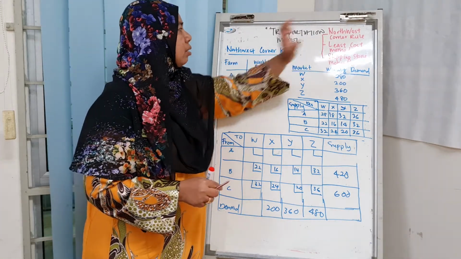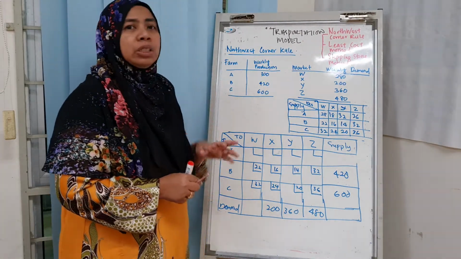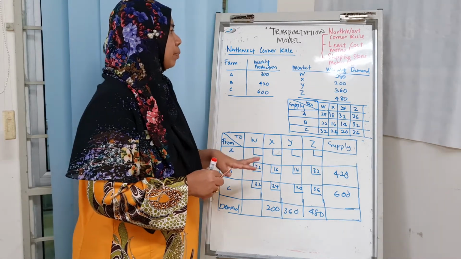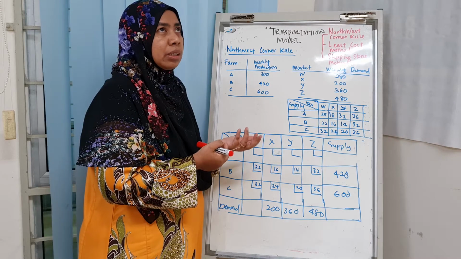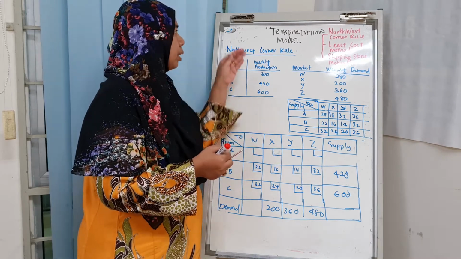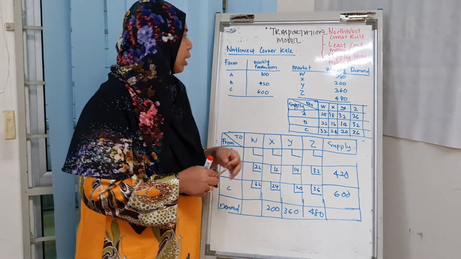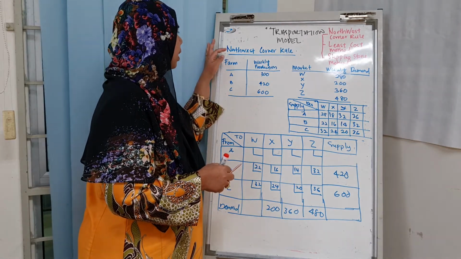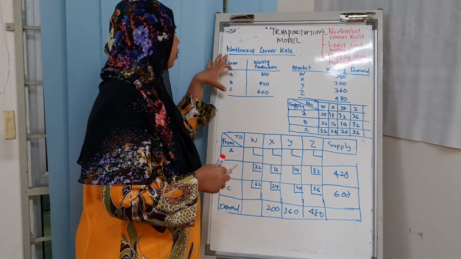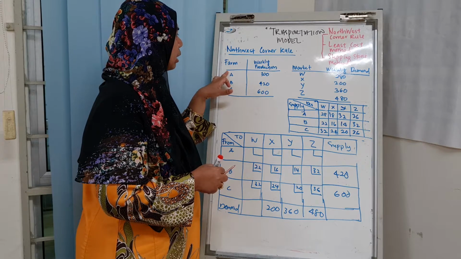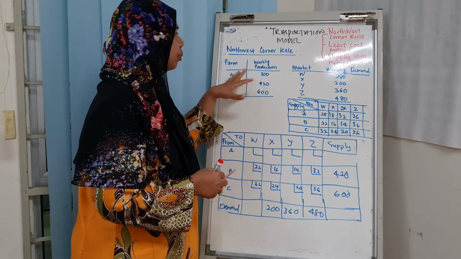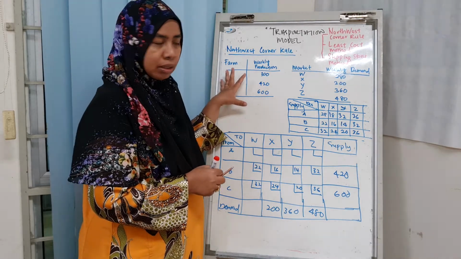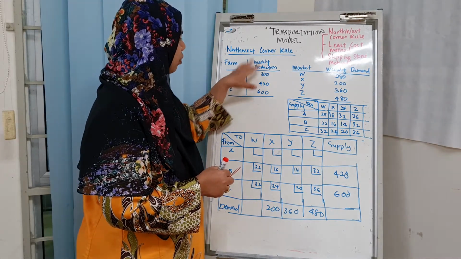Normally in the final exam, they like to ask you using this topic. So the first one, they have three tables. The first table is the weekly production.